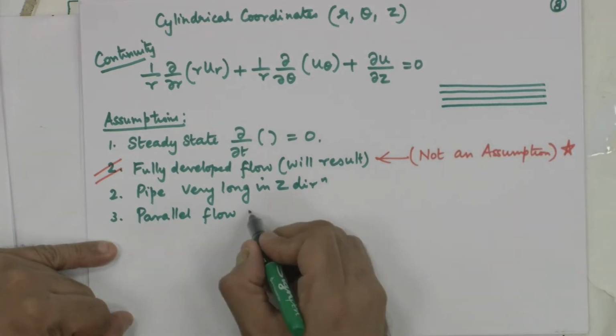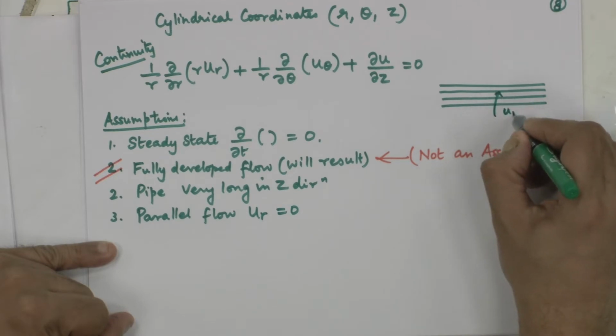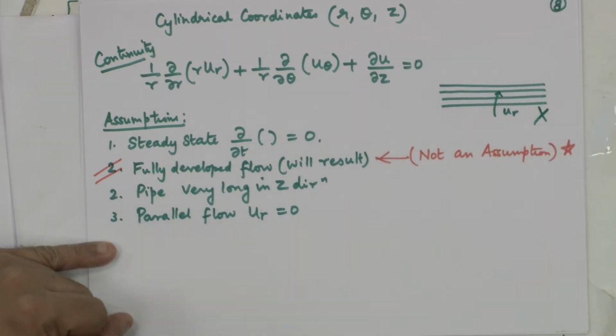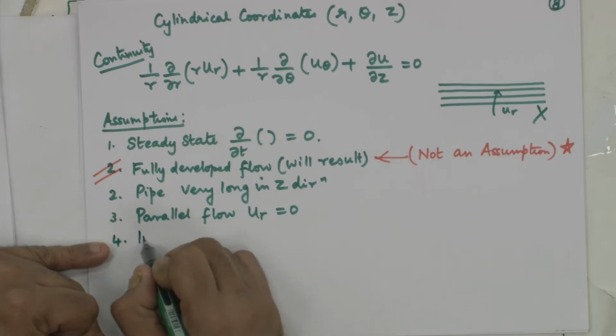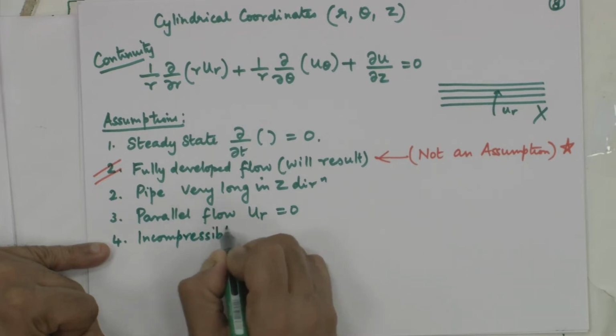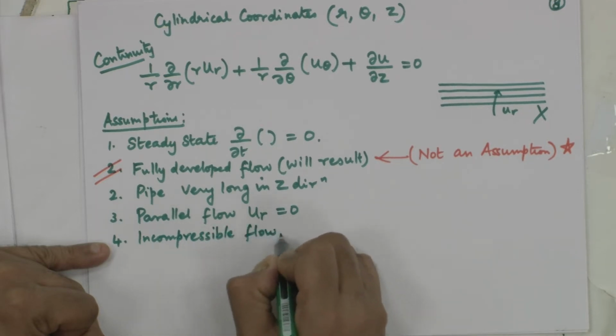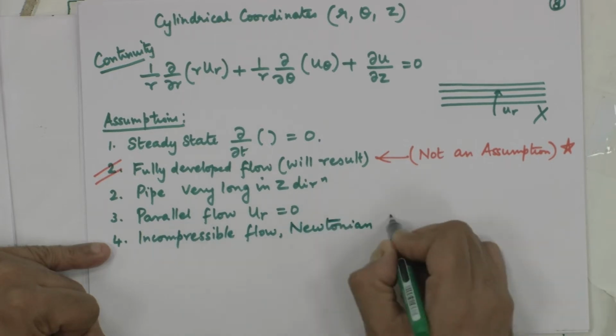So, u of r is equal to 0. You do not have any velocity in this direction. Parallel flow, incompressible flow, Newtonian fluid and constant properties.